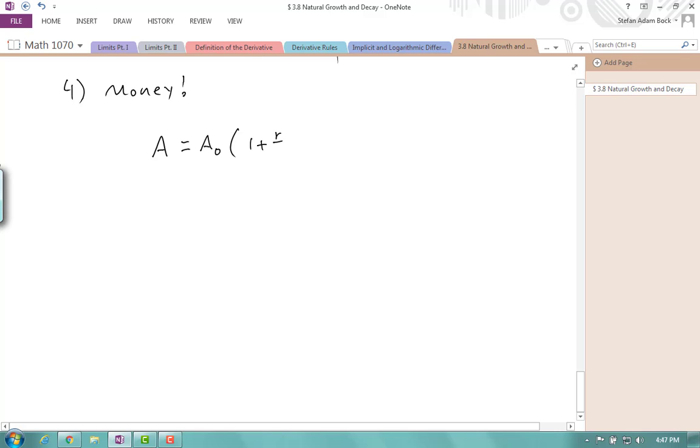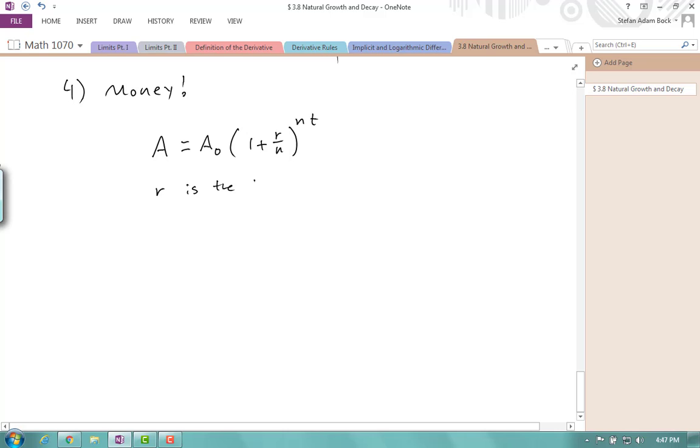To wrap up, our last topic for this section is money. Now, it's possible from pre-calculus or some other class we had learned about interest rates. That after I apply interest, the amount of money I have is equal to my capital A sub 0, or my initial amount, times 1 plus r over n to the n times t.